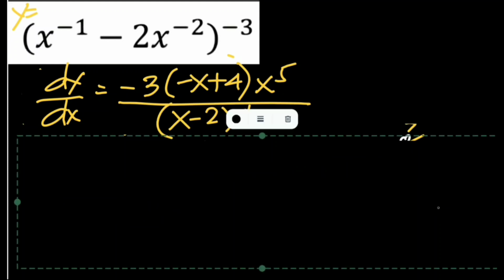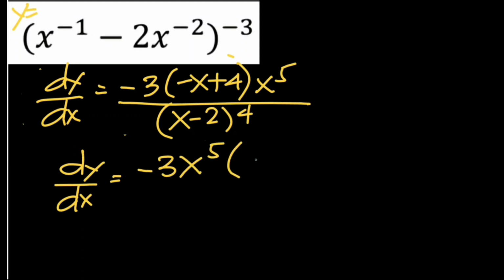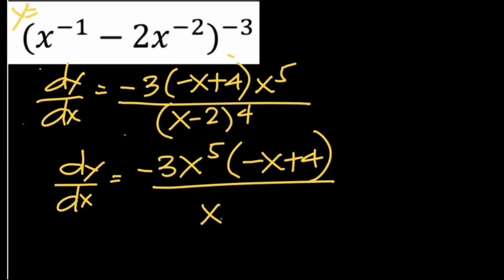Or you can write that as dy over dx equals negative 3 x to the 5th times negative x plus 4 over x minus 2 to the 4th. So this is our final answer.